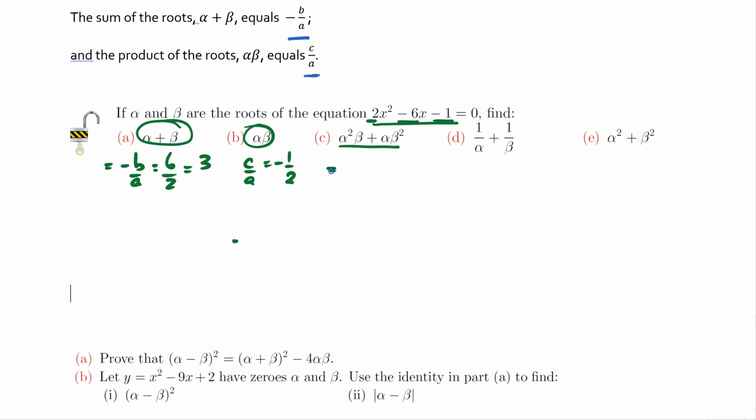So for example, this first one here, our algebra instincts tell us that we could take out alpha beta as a common factor, and that will leave alpha plus beta. And we know the value for each of those.